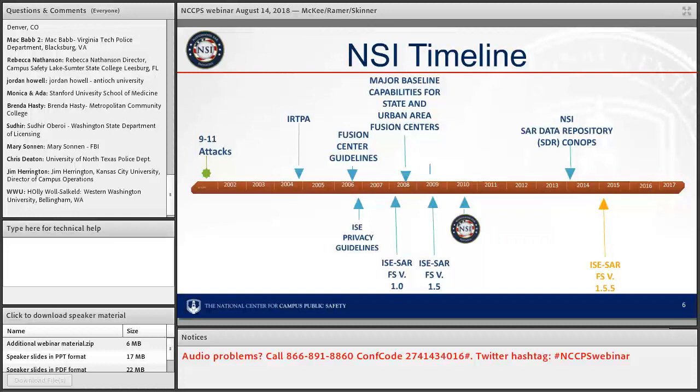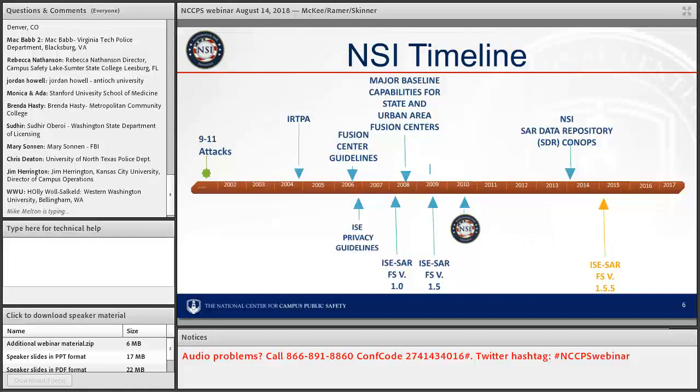And we involved all the fusion centers and state and local law enforcement to develop this process. And then in going on to 2014, there were several systems in place before that, so everybody agreed to use one system from that date on. It's on the SAR Data Repository, which actually uses FBI's eGuardian system to be able to share the information.